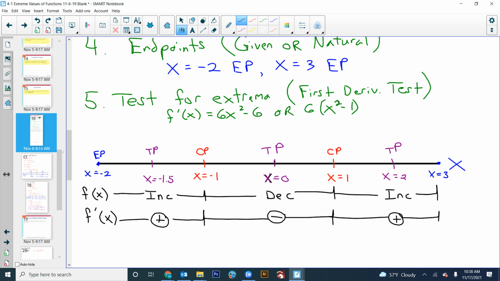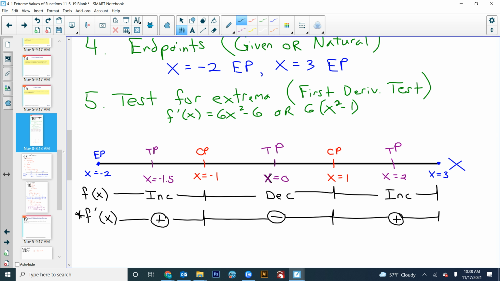You might have found it odd that I wrote this row second, but I did it first. The reason why, by the time we get to section 4.3, we're going to have a third row called f double prime. And I promised you all year we'd go position, velocity, acceleration in that order. So to stay consistent, I think you'll get this. I'm not trying to reach on this, okay? If you have a plus or a minus here, then the level above it tells you either increasing or decreasing.